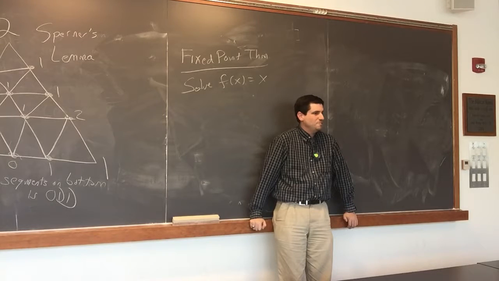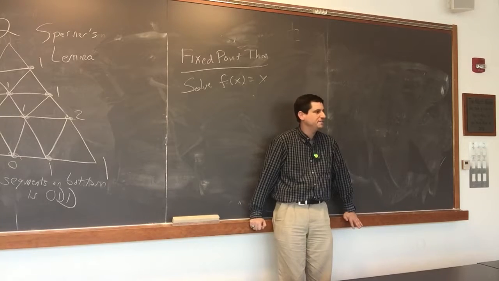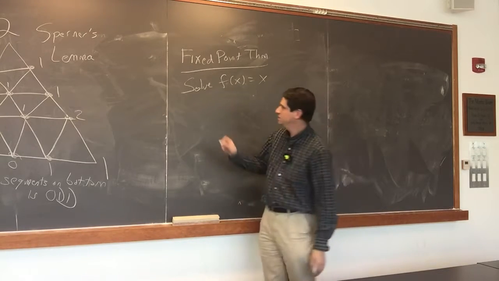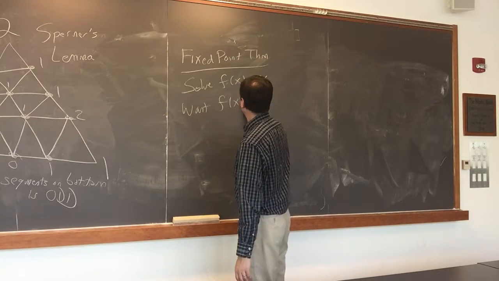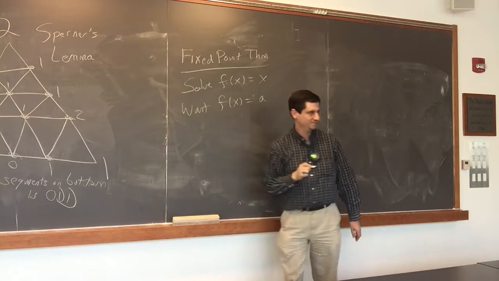It turns out almost all of mathematics can boil down to finding a fixed point. Let's say, for the sake of argument, you don't want to find f of x equals x. You instead want to be difficult, and you want f of x equals a.